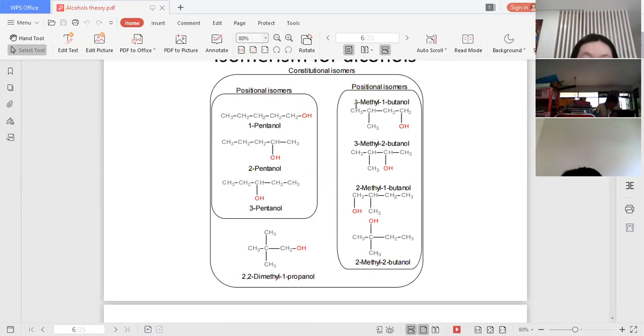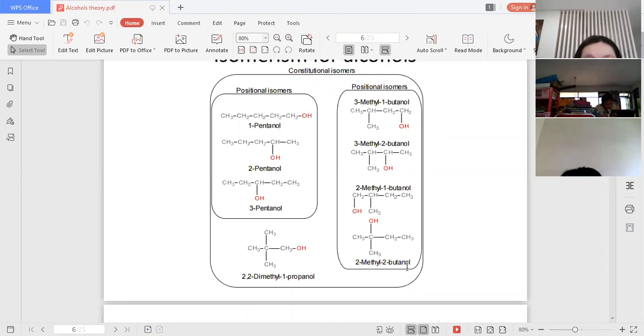And then the positional isomers of this one are also made up of pentanol. So 3-methyl 1-butanol, 3-methyl butan-2-ol, or 3-methyl 2-butanol, and then 2-methyl 1-butanol, or 2-methyl butan-1-ol, and the last one is 2-methyl butan-2-ol.